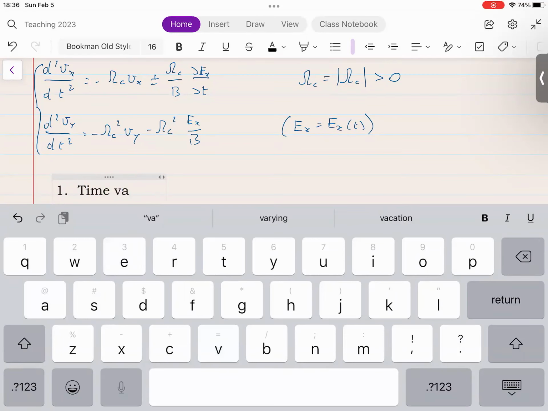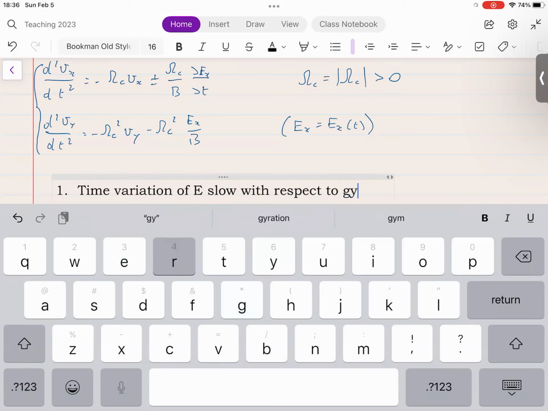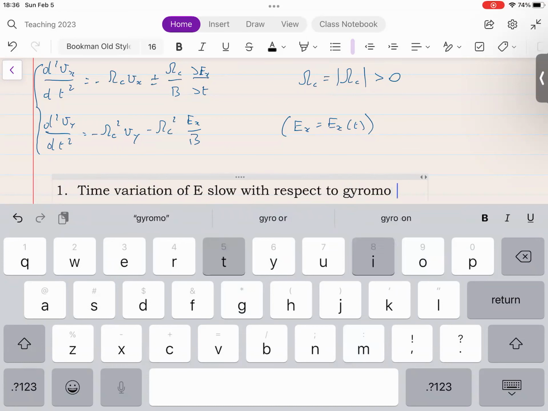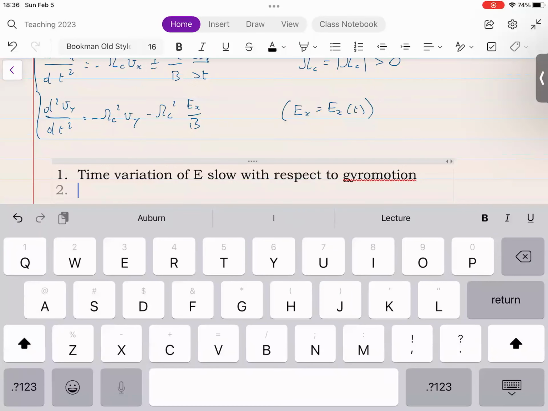The time variation of the electric field, I'm just going to write E, is slow with respect to the gyro motion. Anything else? In fact, yes.